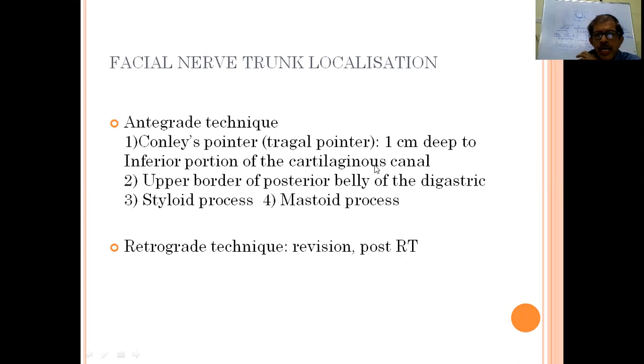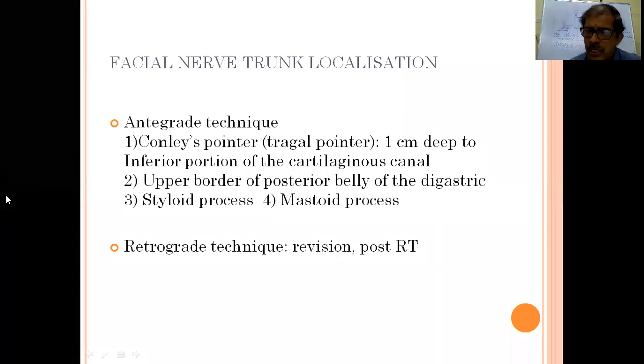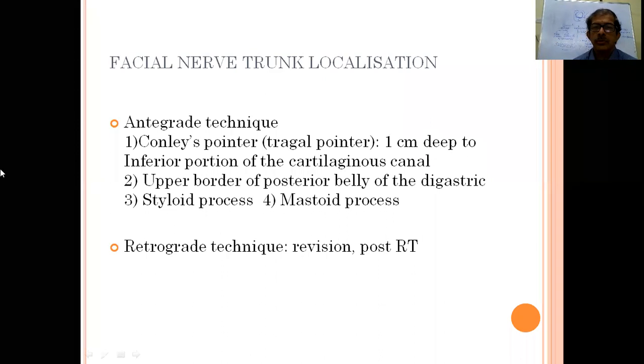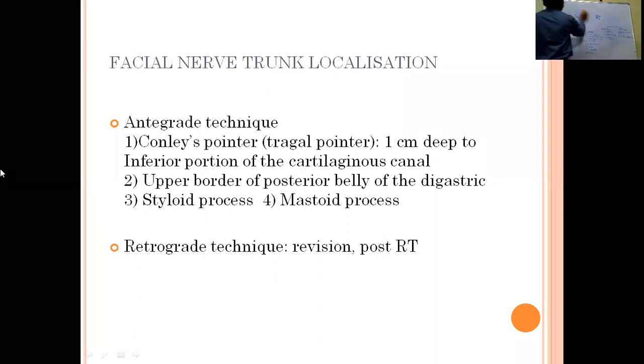The triangular portion of the cartilaginous canal is here, and 1 centimeter deeper to it, below this triangular cartilage, is the nerve trunk like this.